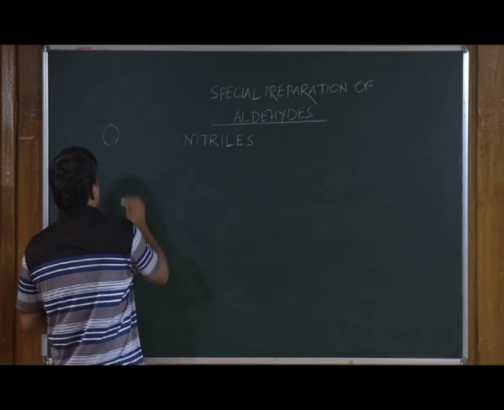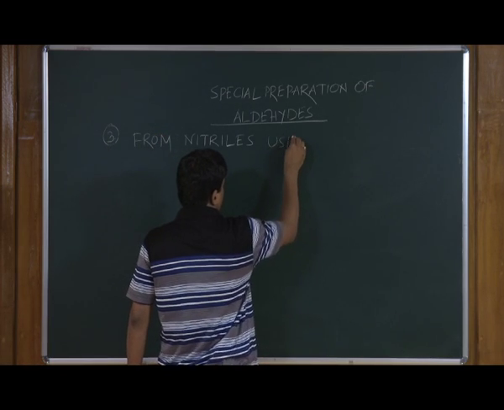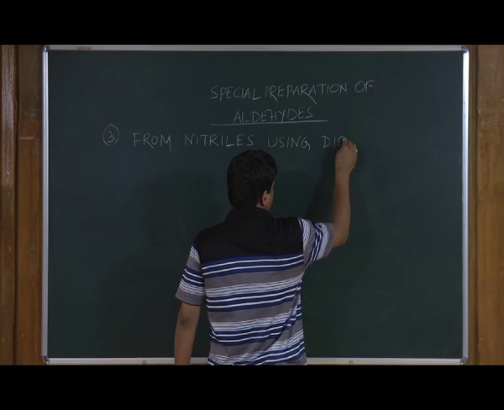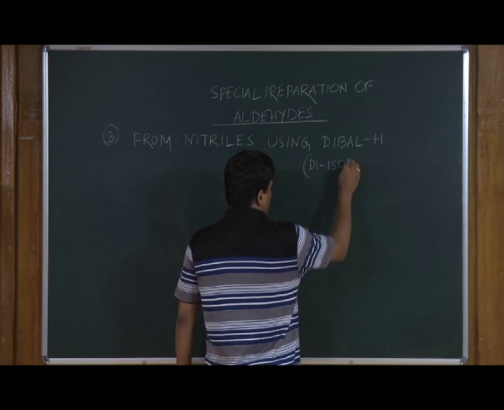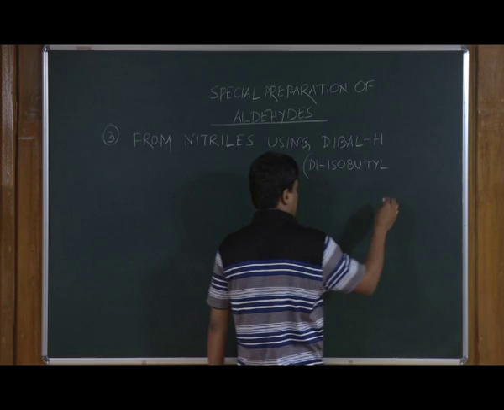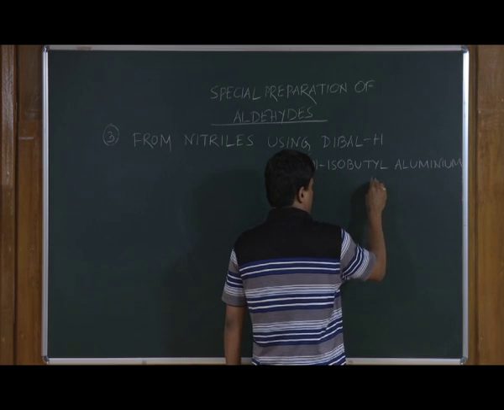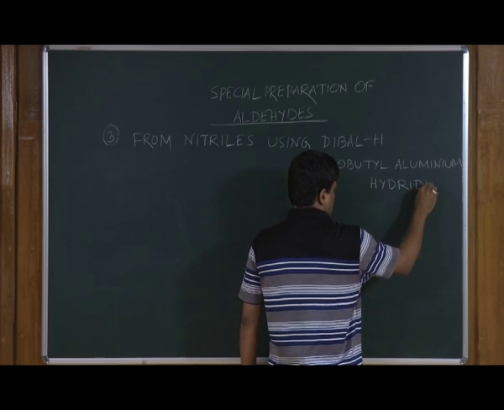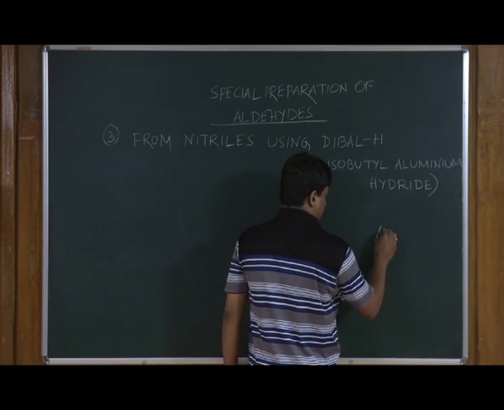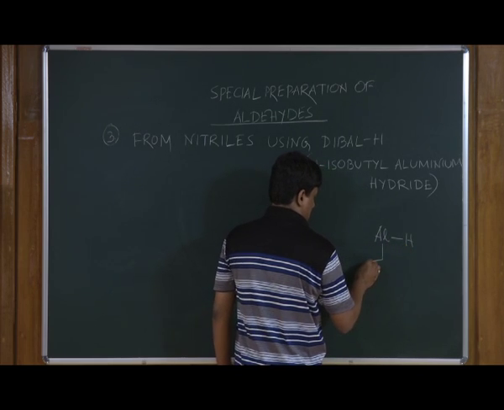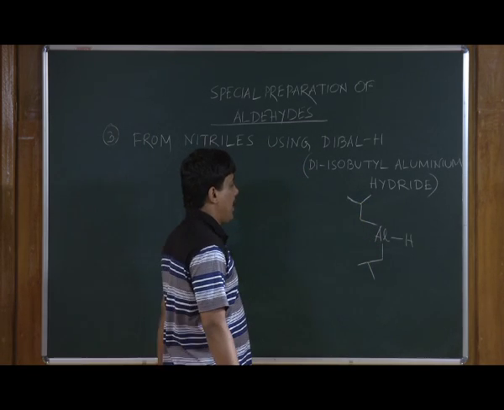Another procedure from nitriles is there. The full name of DIBAL-H is diisobutyl aluminum hydride, and the structure is such that two isobutyl groups are attached to the aluminum, and there is only a single hydrogen.